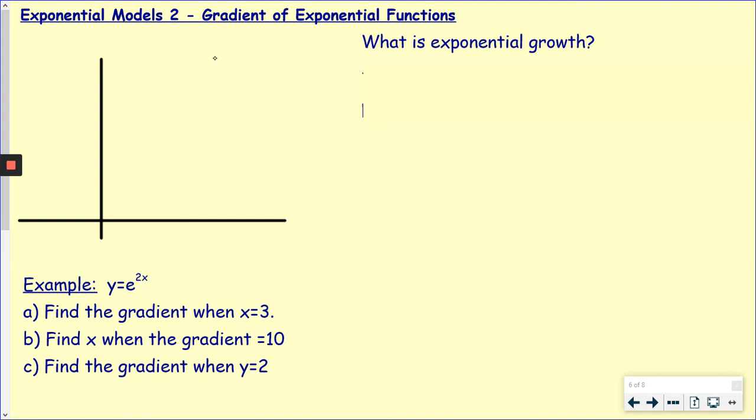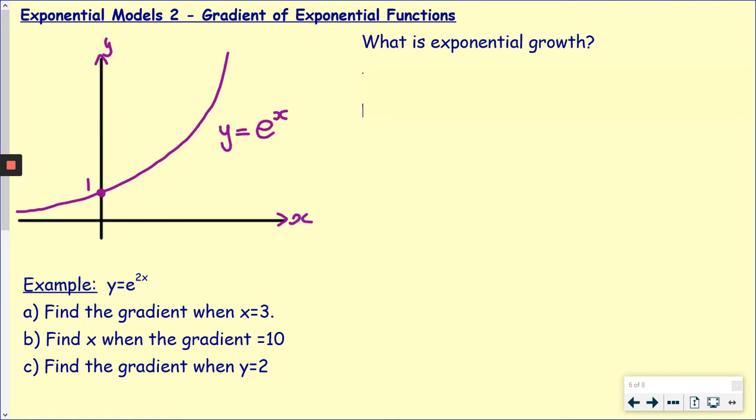First of all, exponential growth looks something like this, crossing through at y equals 1. And I'm going to call this graph y equals e to the x. Remember that e is a very specific value, a little bit like pi. It's irrational.